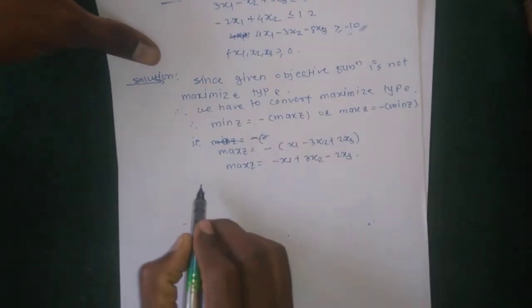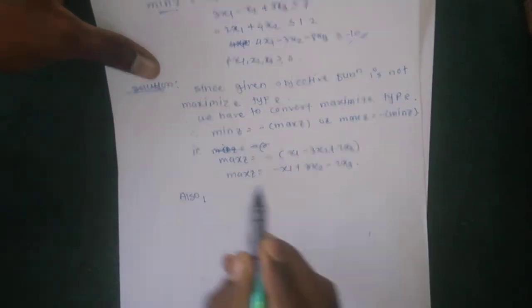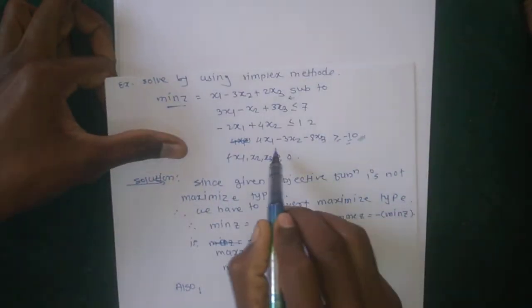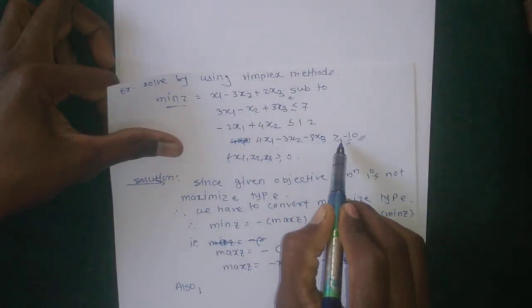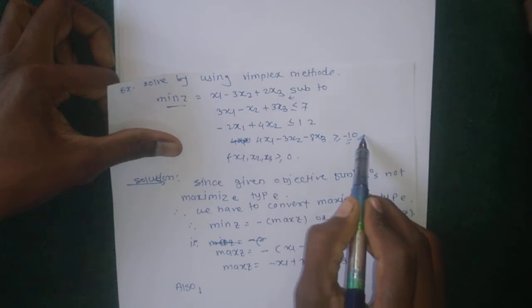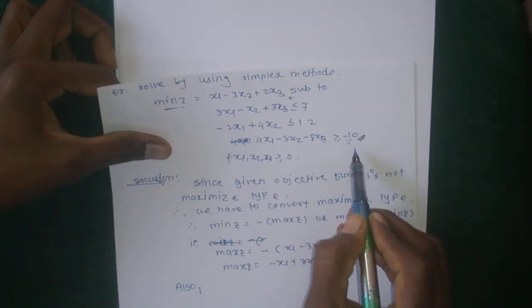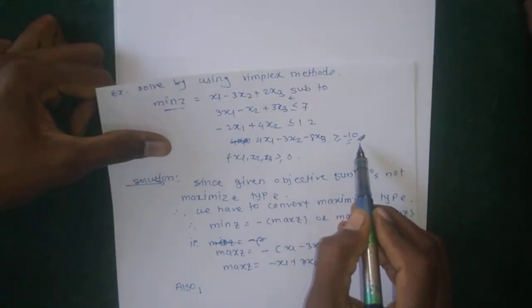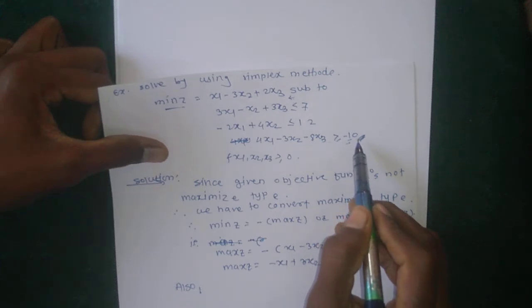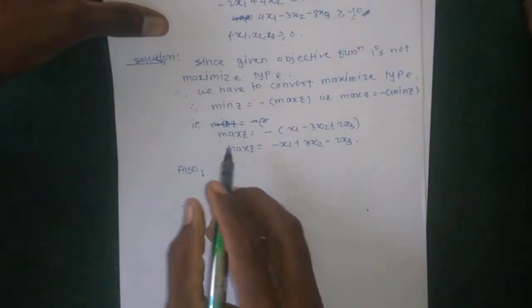Also, the third constraint 4x1 minus 3x2 minus 8x3 is greater equal minus 10. Here b3 is negative, so we have to convert it to non-negative.